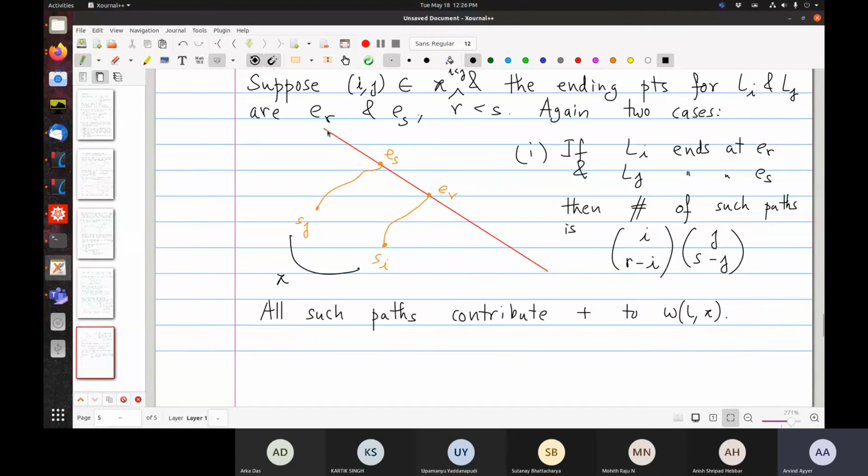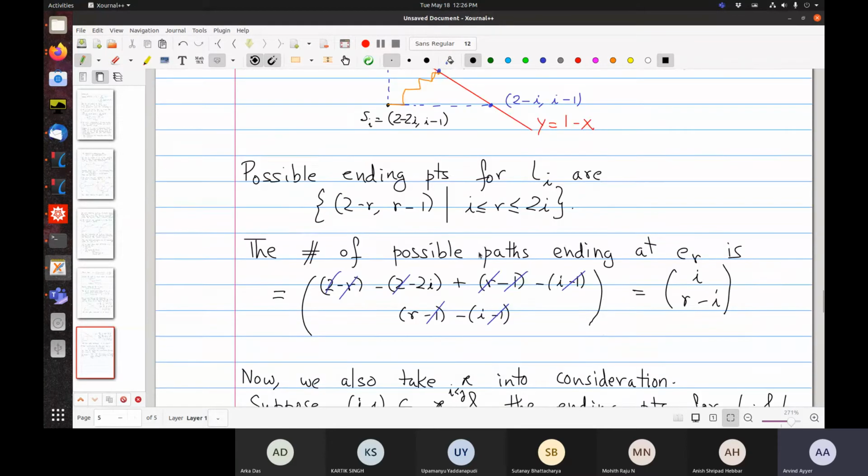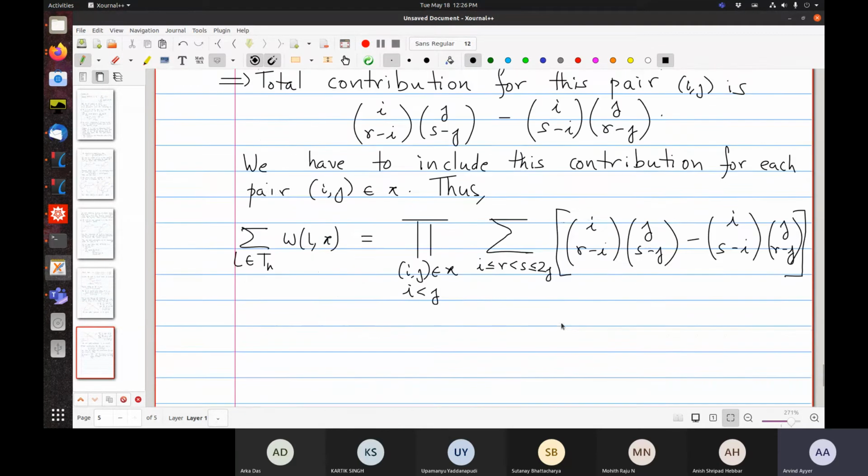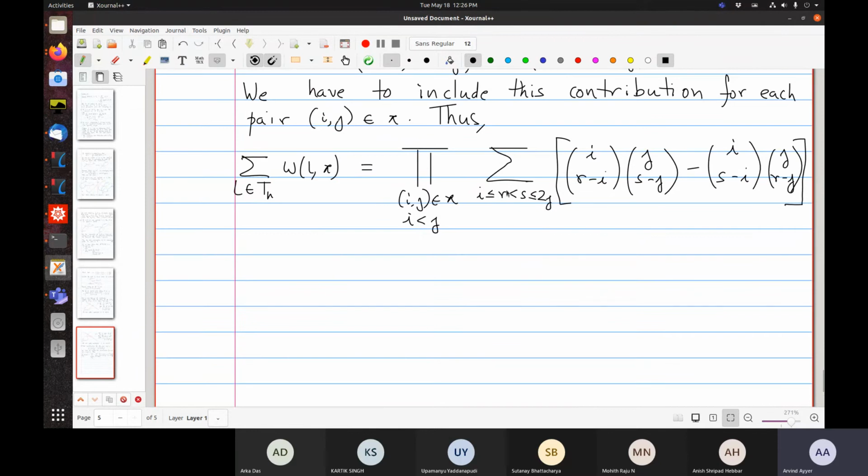And S cannot go higher than J. The x coordinate of ES cannot be to the left of that of J. So that means the second inequality comes into play, and so S is less than or equal to 2J. And R is less than S by assumption. So R is greater than or equal to I, S is less than or equal to 2J, and R is less than S. So this is the sum. Okay.